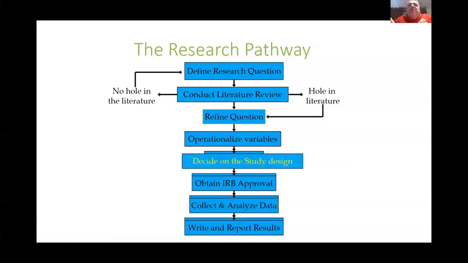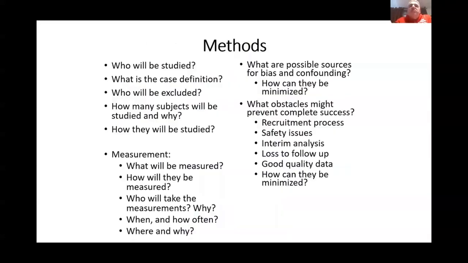And here it comes, after you find your variables, you have to specify your study design, decide what study design is going to answer your question, then submit your proposal to IRB to get IRB approval, and then you will start collecting, analyzing your data, and finishing the manuscript.